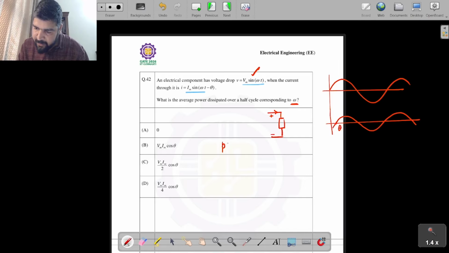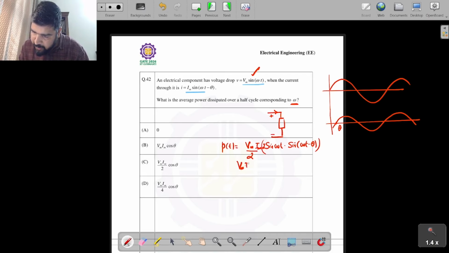So what about PT? So instantaneous power. PT is the product of these two terms, Vm Im sine omega t into sine of omega t minus theta. So we can divide it by 2 and multiply it by 2, okay. Now we can simplify this.